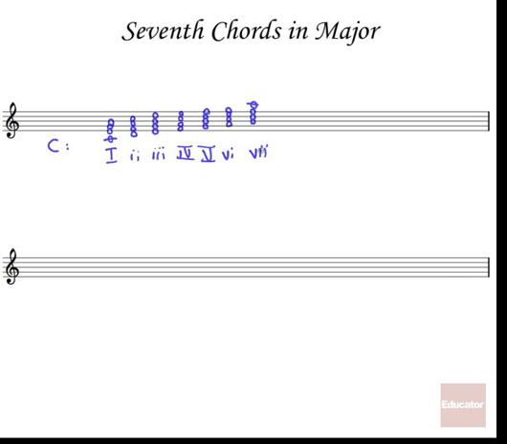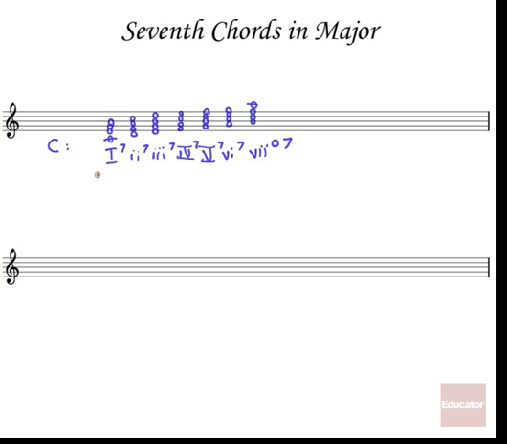And now we need to add a symbol for the 7th, of course, so these are all 7s. And the final one, of course, is a diminished chord, and now with the 7th, it gets 2 symbols. And so let's look at the qualities of these 7th chords.